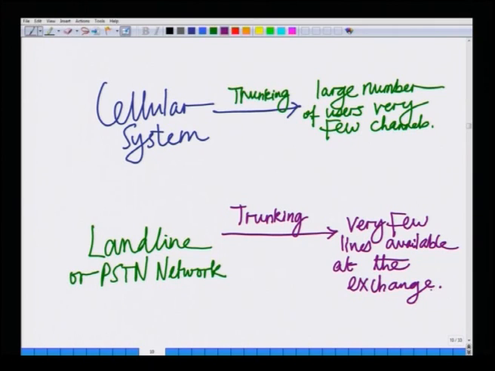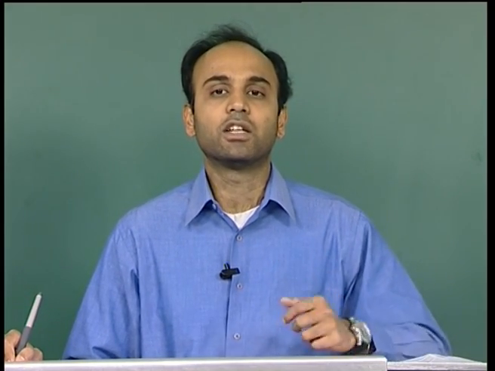That is what gives rise to the old nomenclature of a trunk call. A trunk of lines contains very few lines compared to the number of users. Hence, you have to wait for your turn on that trunk, because you are allocated a line sequentially.